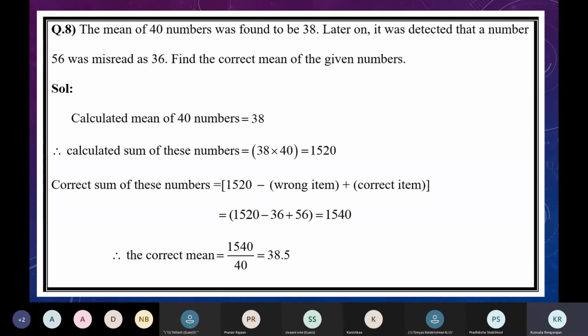If not 40, then what should it be? Mean is sum of all the observations by number of observations. The correct sum is 1540 divided by 40.